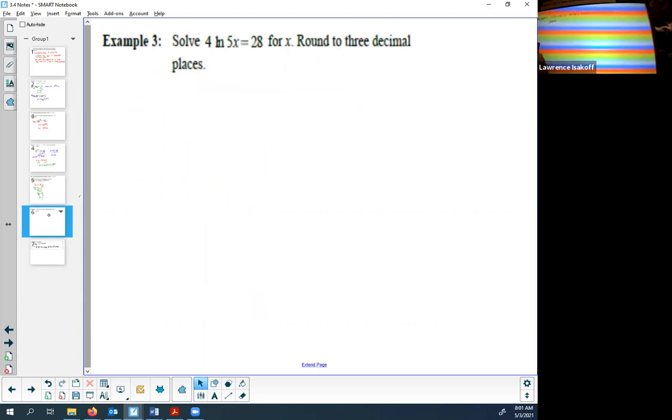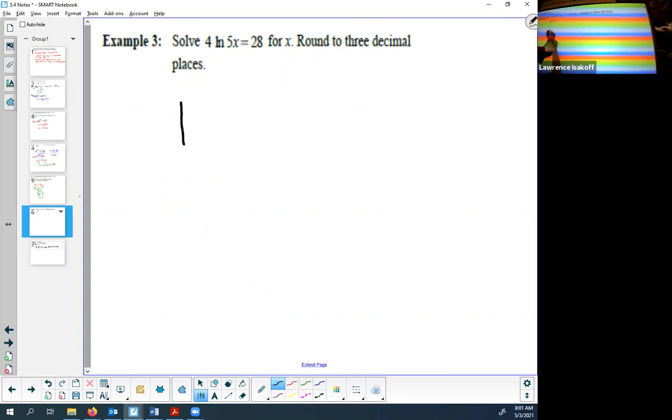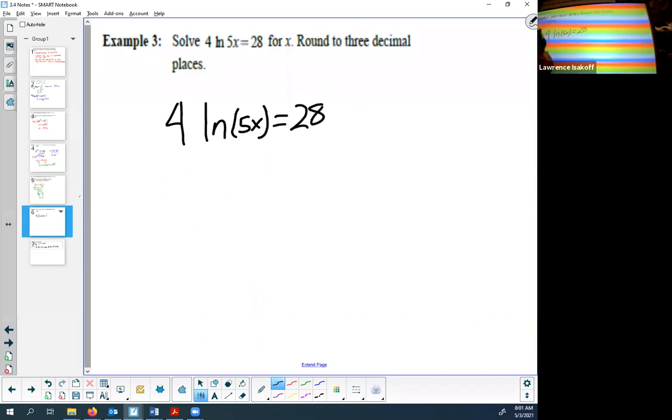Last problem, this one has an ln. So the first thing I want to do is isolate the natural log. So this is 4 times the ln of x minus 5 equals 28.